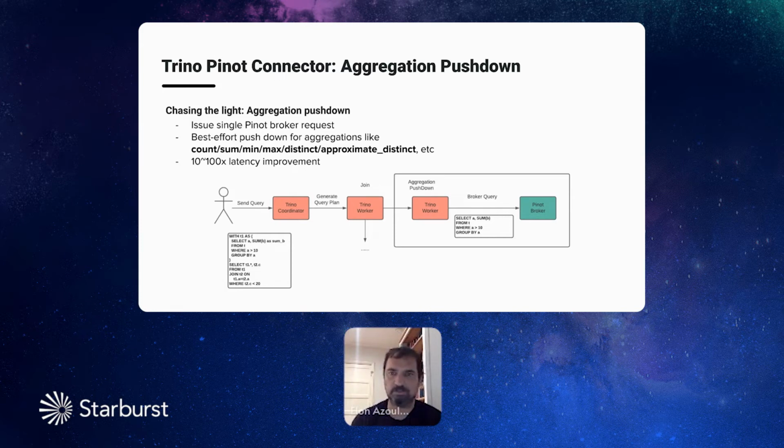If aggregation pushdown is enabled, then it will actually construct a broker query with the group by columns. We can now do distinct columns with the Pinot 8 connector and complex group by expressions, which I'll explain in an upcoming slide.